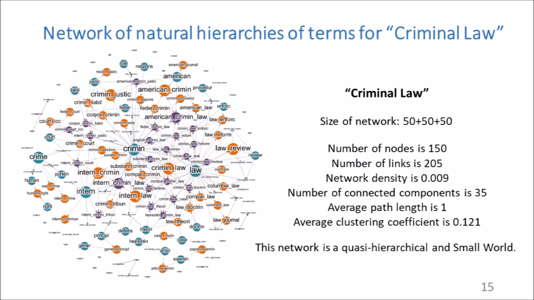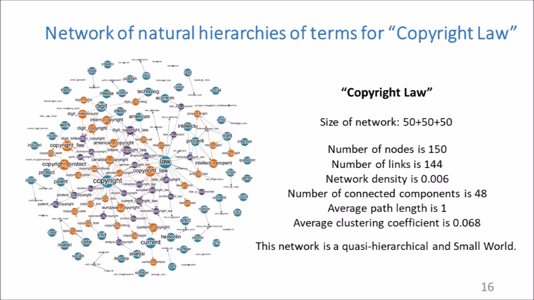The final step is the visualization of the created network of natural hierarchies of terms for a set of scientific articles related to the subject domain of criminal law. Using the software for modeling and visualization of graphs, the created networks of terms were visualized and analyzed. Also, the created network of natural hierarchies of terms for a set of scientific articles related to copyright law was visualized and analyzed.